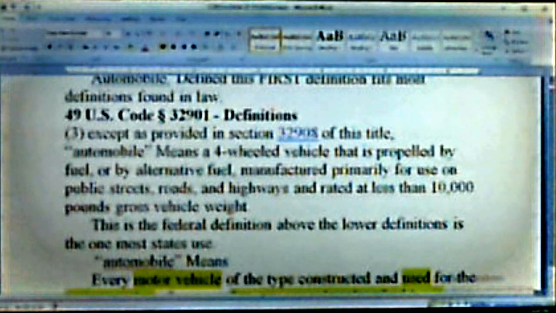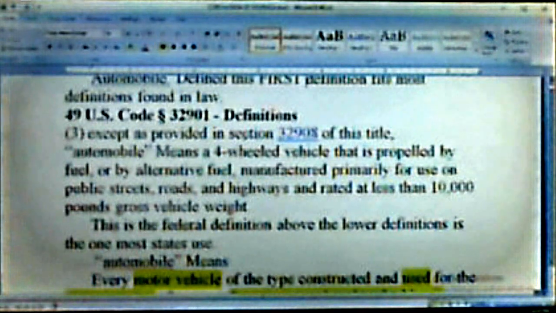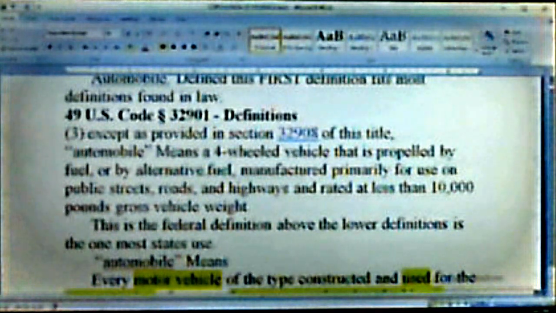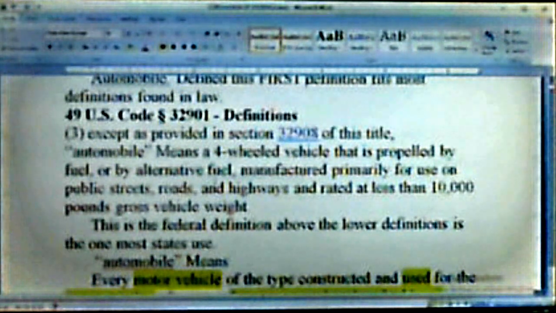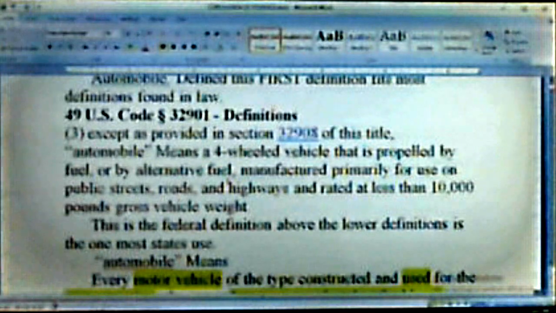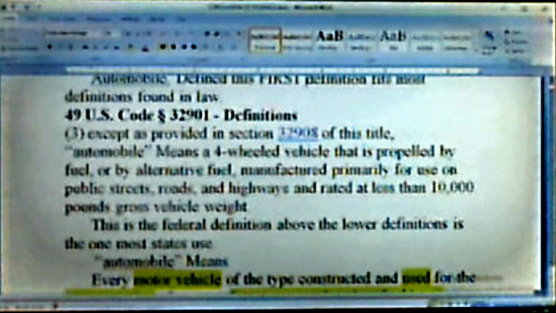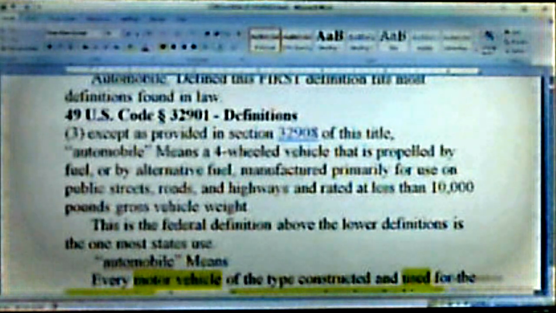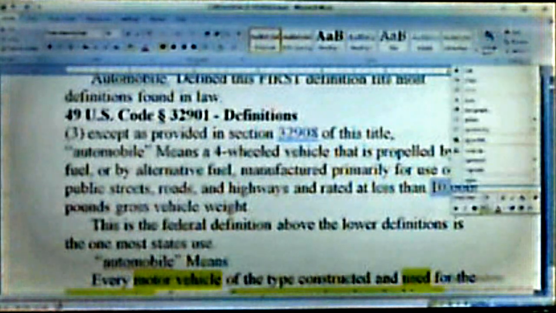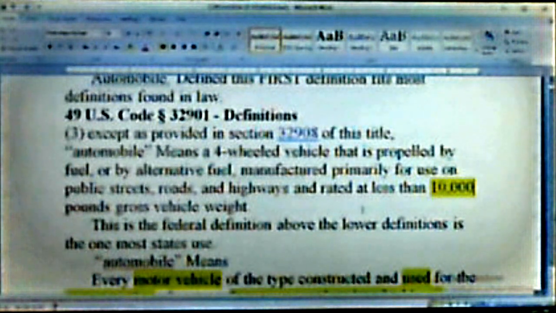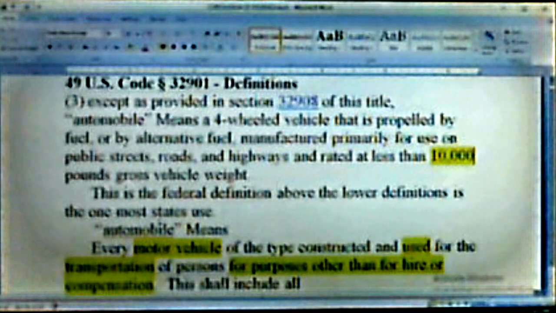You see that it says, except as provided in section 32908 of this title, an automobile means a four-wheel vehicle that is propelled by fuel or alternative fuel, manufactured primarily for use on public streets, roads, and highways, and rated at less than 10,000 pounds gross vehicle weight. Now, here we have a clear distinction that it's going to be under 10,000 pounds. And that's the federal definition.